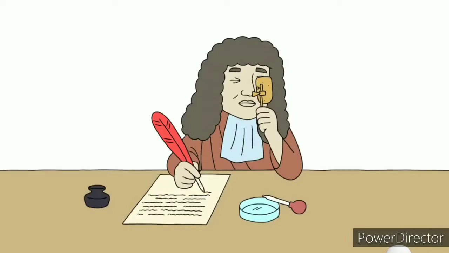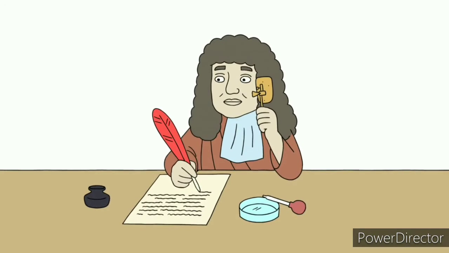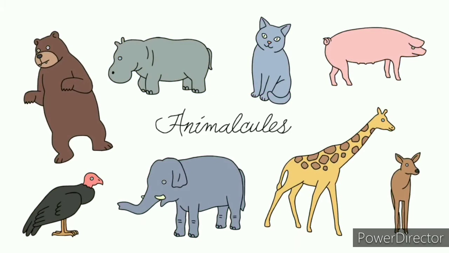This right here is crucial because the compound microscope, which Leeuwenhoek used, gave him the ability to look at cells, and is still what we use, including in class, to look at cells. When he wrote about his discovery, he didn't call them bacteria as we know them today, but he called them animalcules because they looked like little animals to him.